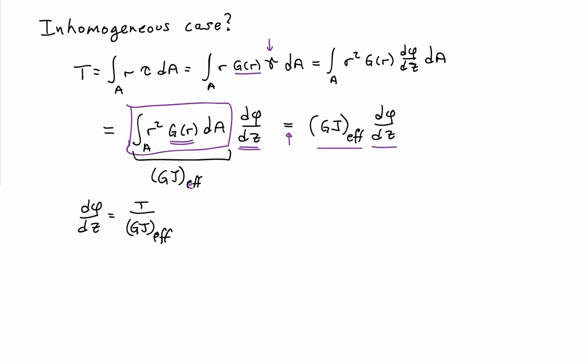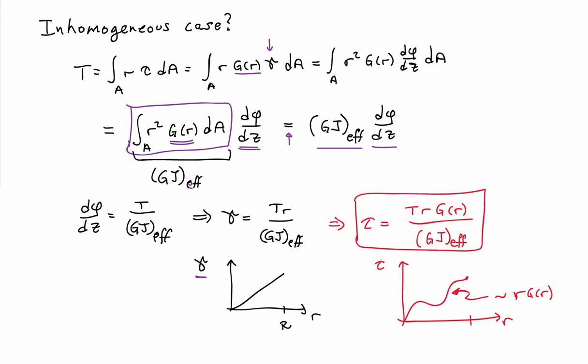I can again solve for the twist rate. It's going to be T divided by my effective GJ. My shear strains are then T times r divided by my effective GJ, so the shear strains are still linear on the cross-section.